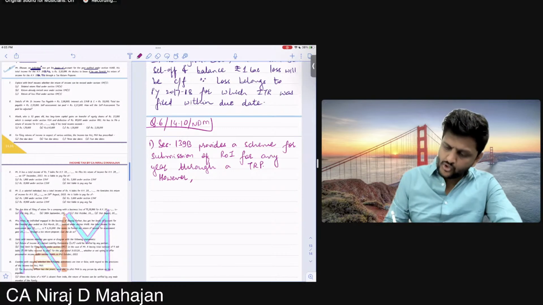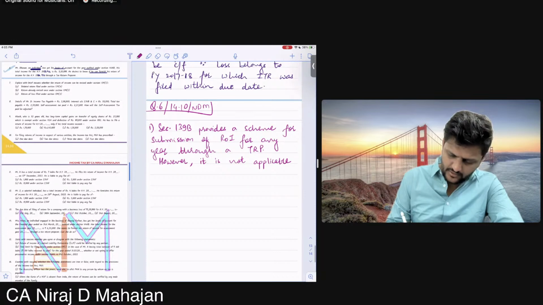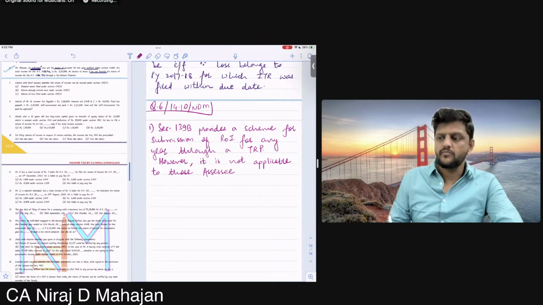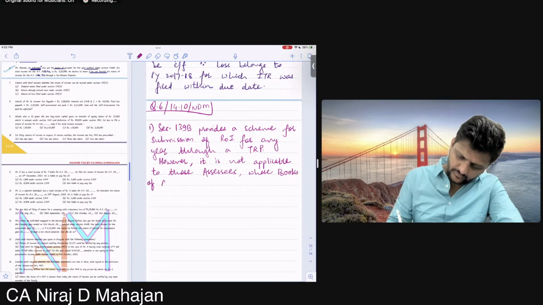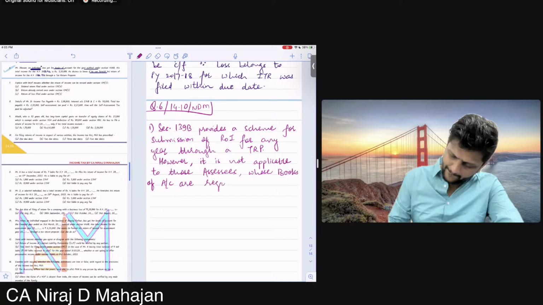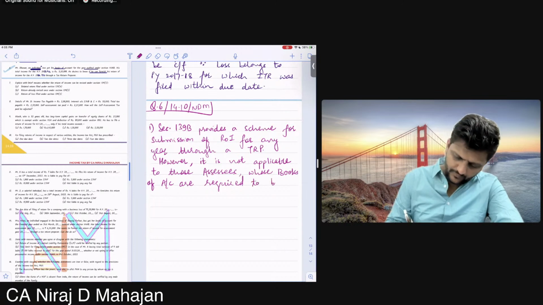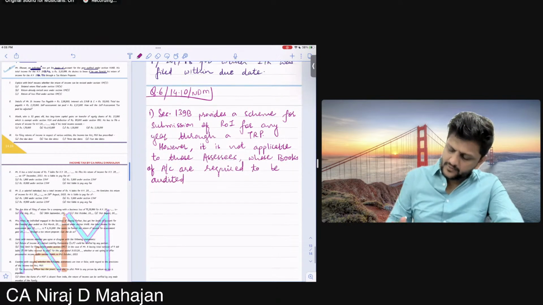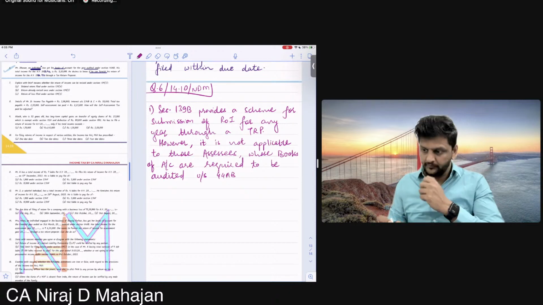However, it is not applicable to those assessees whose books of accounts are required to be audited under section 44AB or any other law.